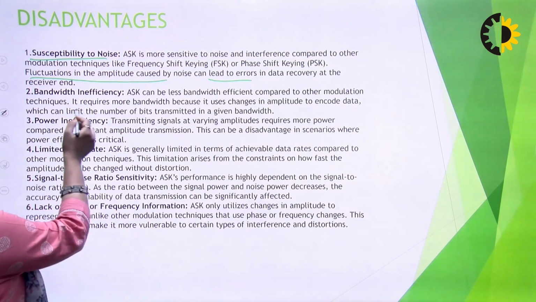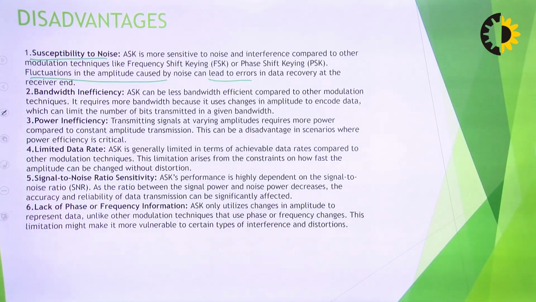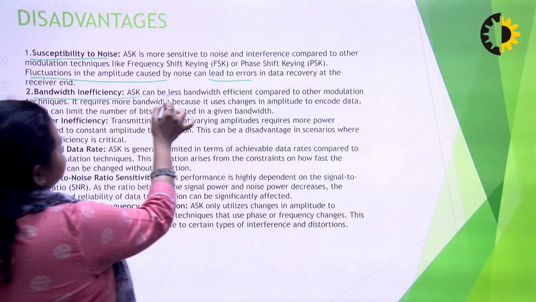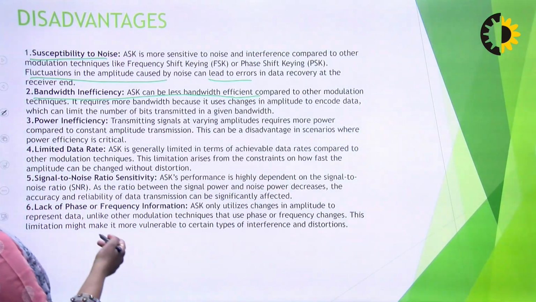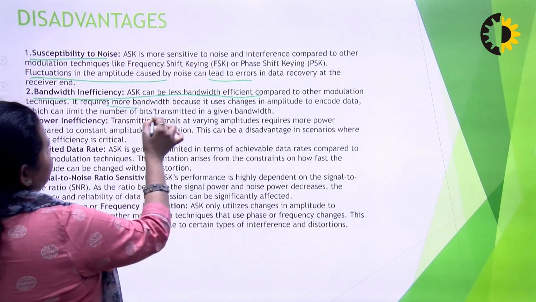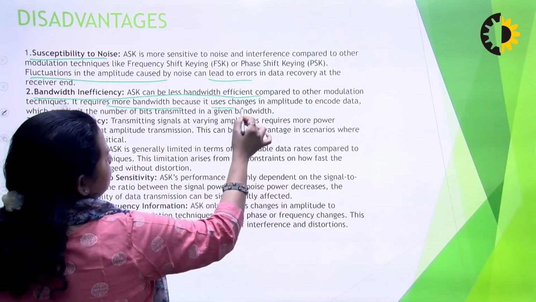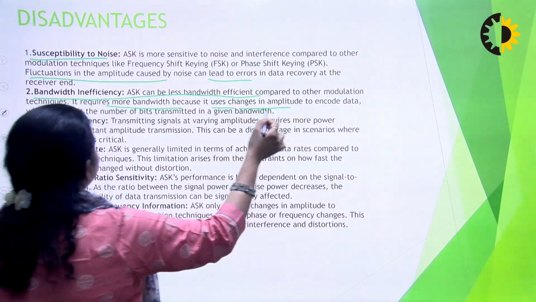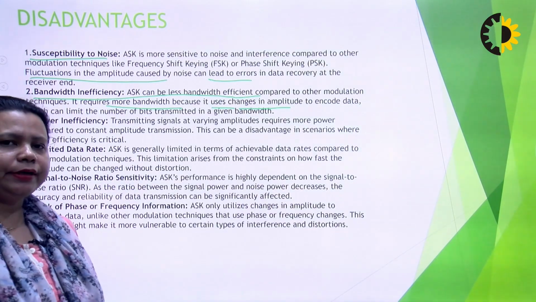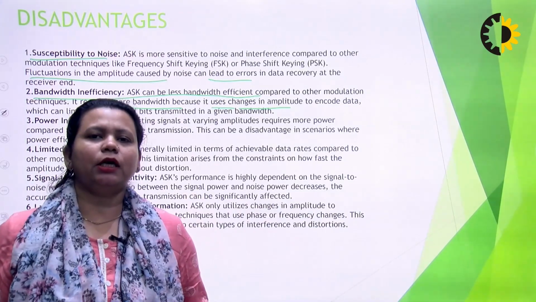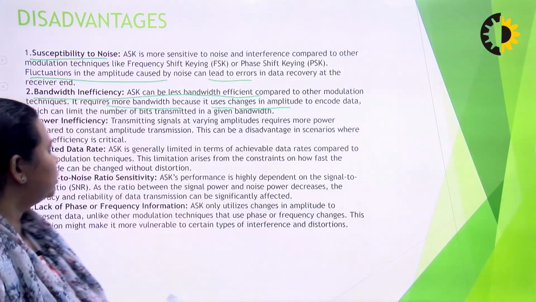Bandwidth inefficiency: it can be less bandwidth efficient compared to other modulation techniques, because it uses change in amplitude to encode data, which can limit the number of bits transmitted in a given bandwidth. So this is another disadvantage.